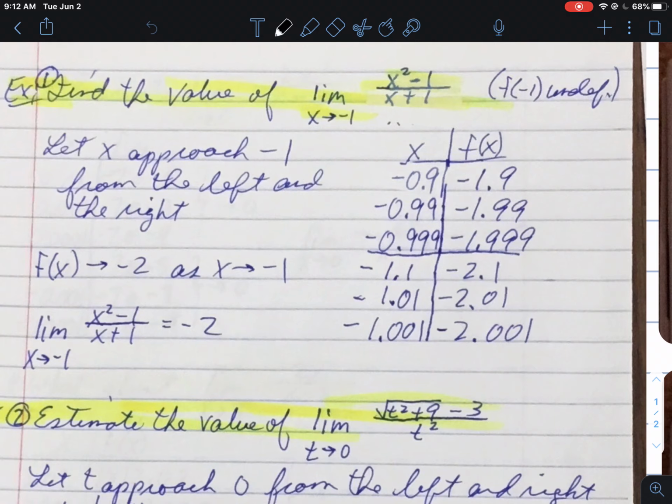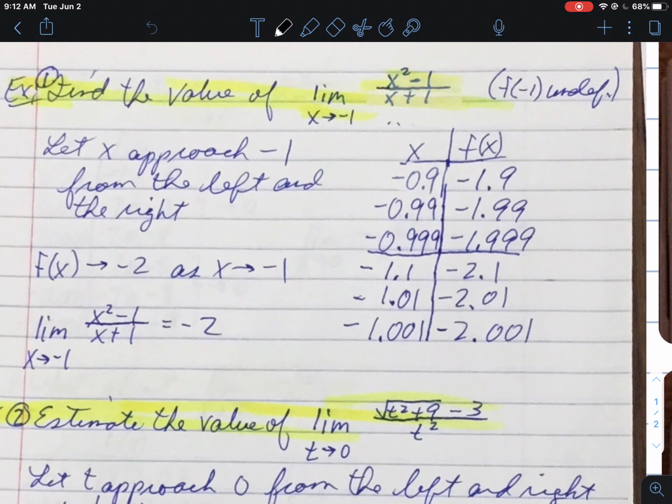All right, at this point, what we're doing is just doing the calculations like we did previously, in that I'm looking at the value of this function, in this case, finding the value of the limit as x approaches -1 of that function x squared minus 1 over x plus 1. And so I want to see what happens to the value of that function as x approaches -1.